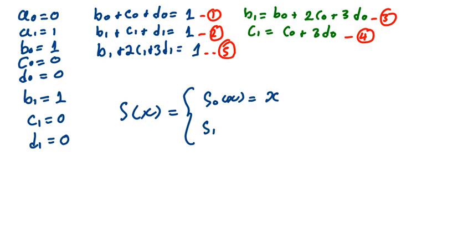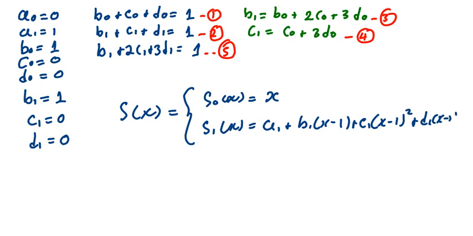Similarly, S sub 1 of x is equal to a sub 1 plus b sub 1 (x minus x sub 1), and in this case our x sub 1 is 1, plus c sub 1 (x minus 1) to the power 2 plus d sub 1 (x minus 1) to the power 3.